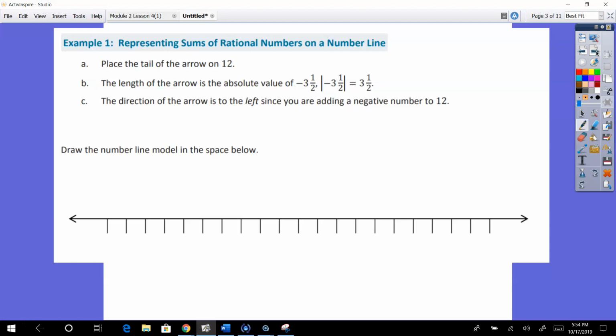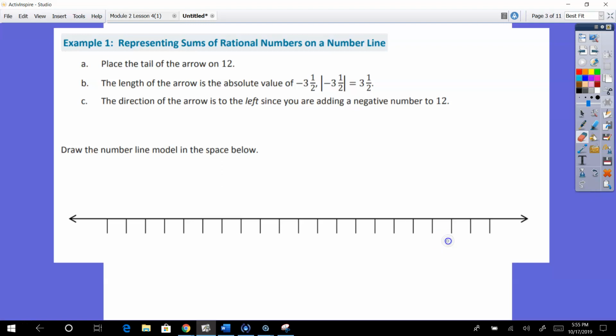So we have a number line down here, so we're going to need to go ahead and number our number line. We'll start this at 0, and we'll go 1, 2, and then we're going to be going back 3.5.